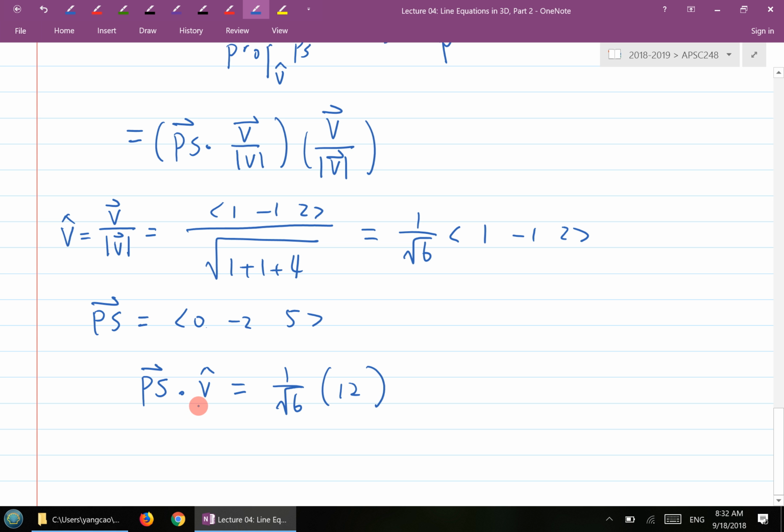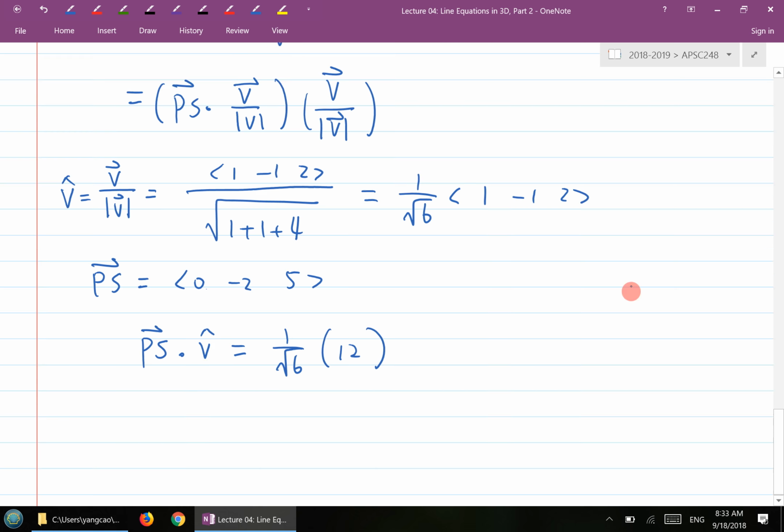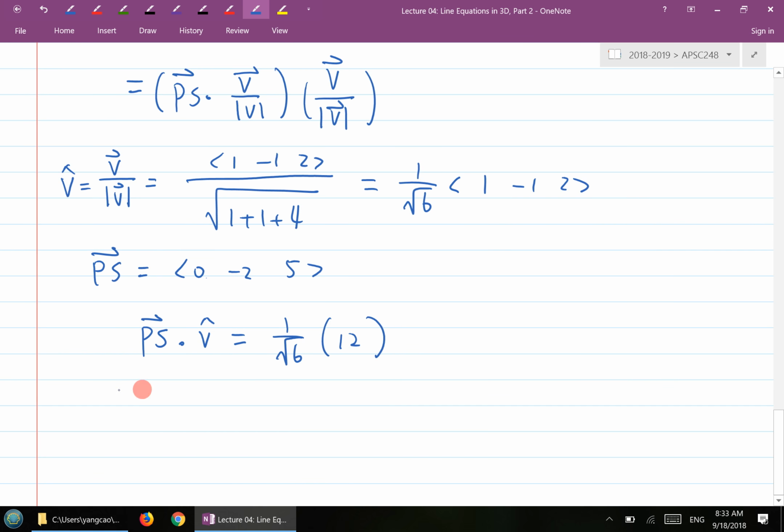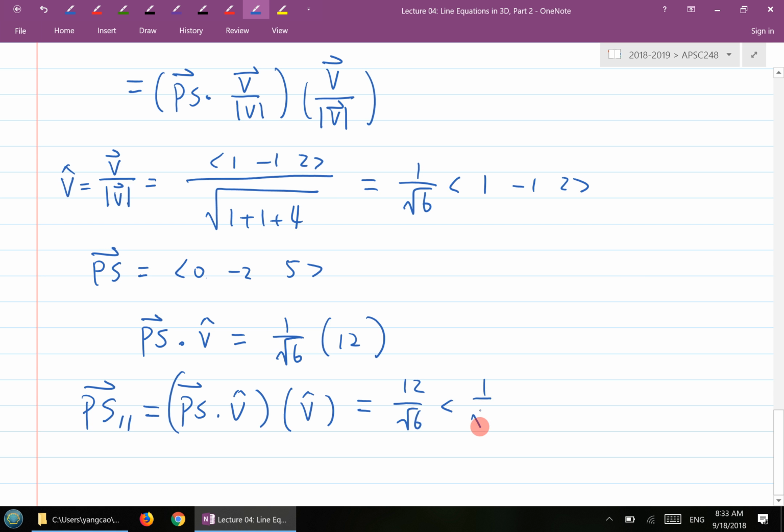From here, sometimes students actually rely on the Pythagorean theorem, but let's use vectors here. Then I can calculate PS parallel, which is PS dot V hat, and then times V hat. 12 over root 6 times V hat, which is 1 over root 6 times 1, negative 1, 2.